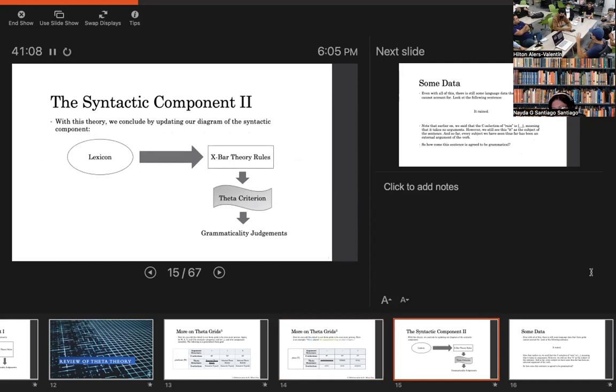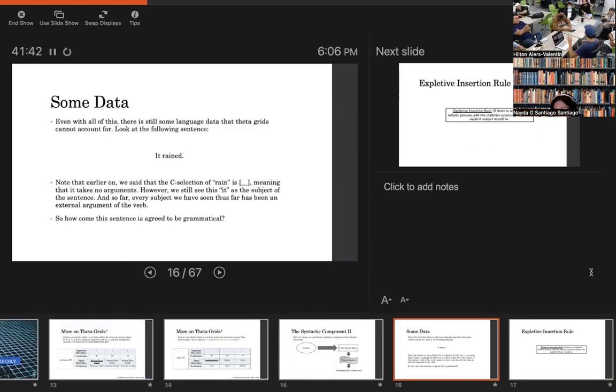Once all those sentences are generated, they go through a filter called the theta criterion, which essentially checks all the theta grids, making sure everything is nice and tidy. If all those features are checked and successful, then we say it's grammatical. This would be an ideal situation, and this is definitely how everything's going to stay, except for right now.